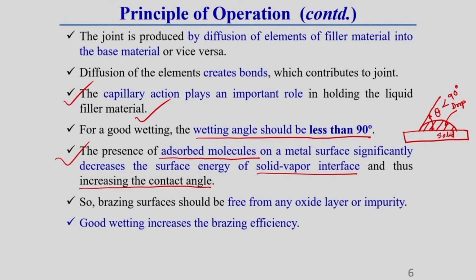It means oxide, grease, or some other substance that develops due to uncleanliness of the surface. So, these types of adsorbed molecules degrade the wettability, that is, they increase the wetting angle.